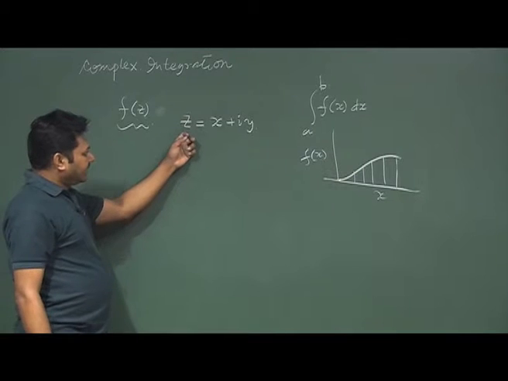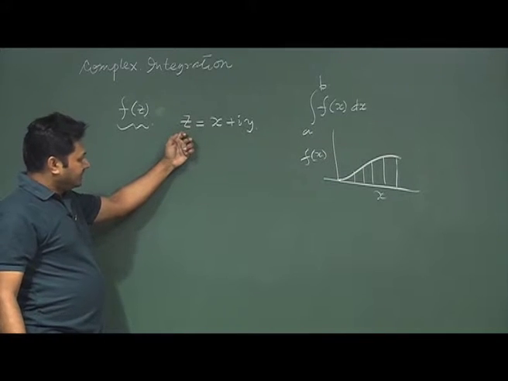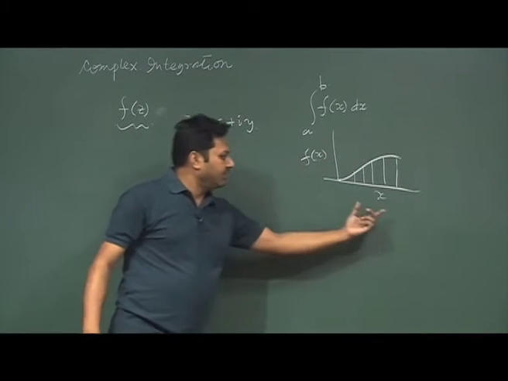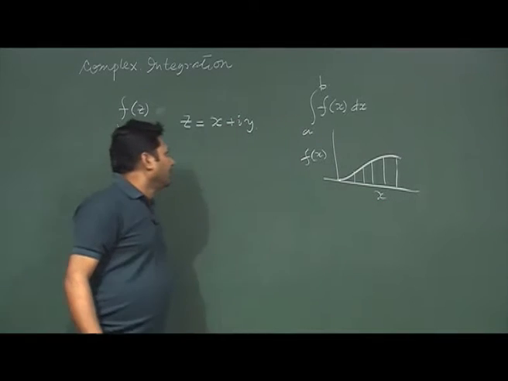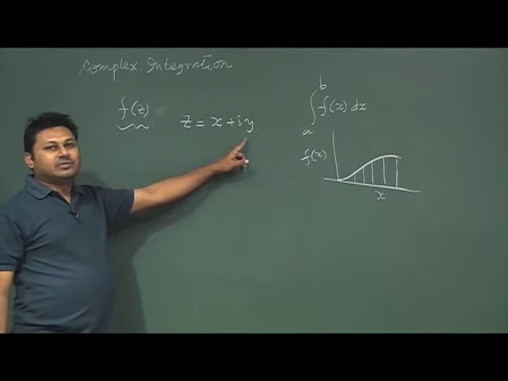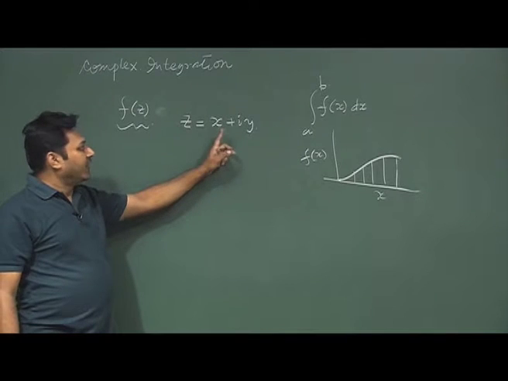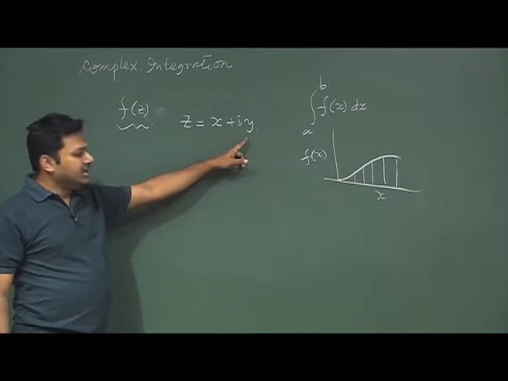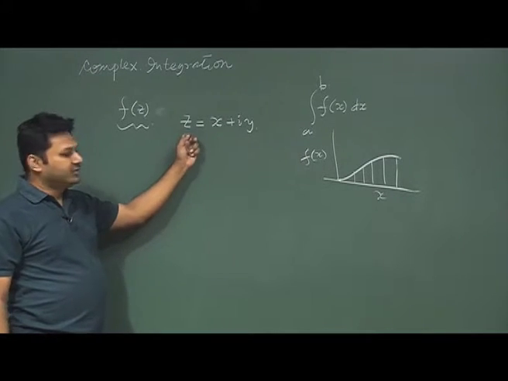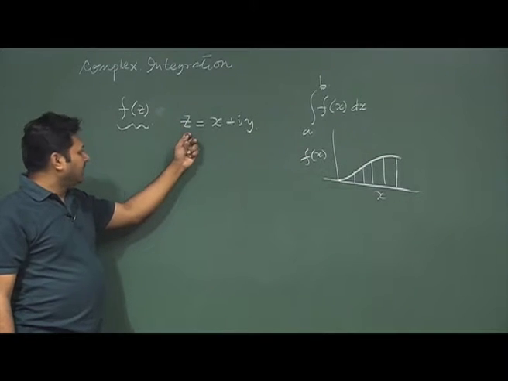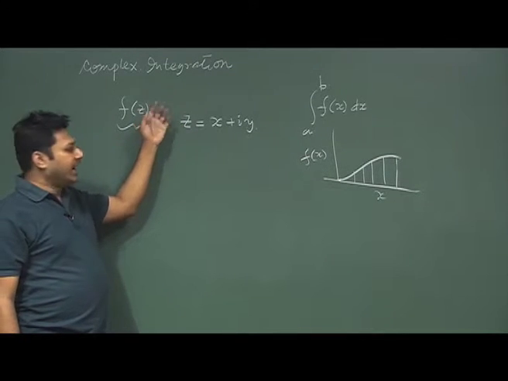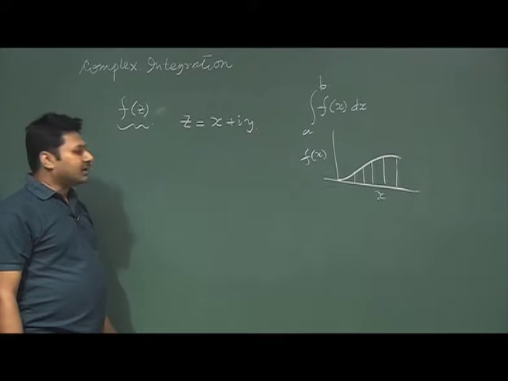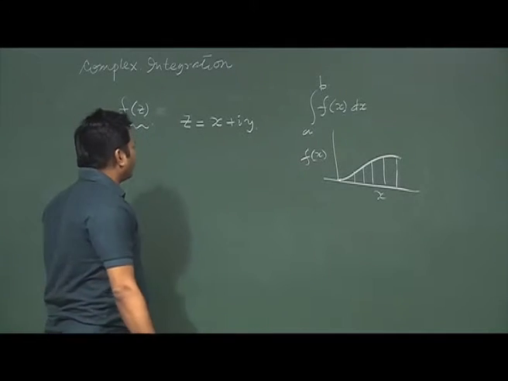On the other hand, here z can be changed like the variable x is changing, but there are two variables associated with that. So, two variables should change independently, and as a result z is going to change, and because of that f(z) is going to change, and then we will have something in the integration form.